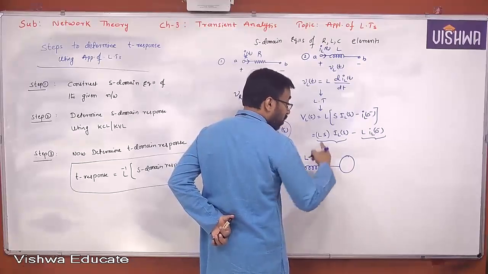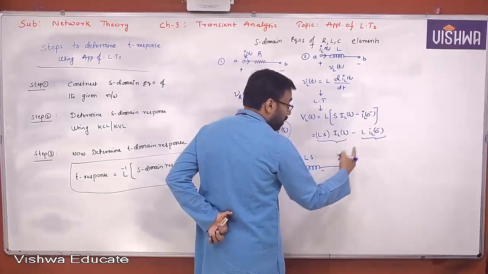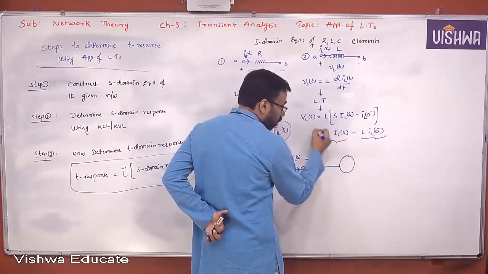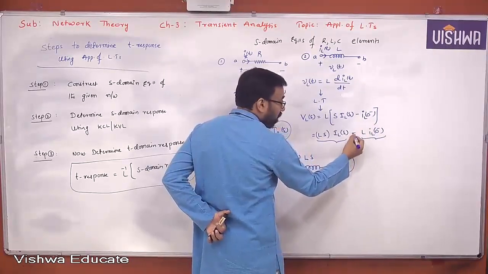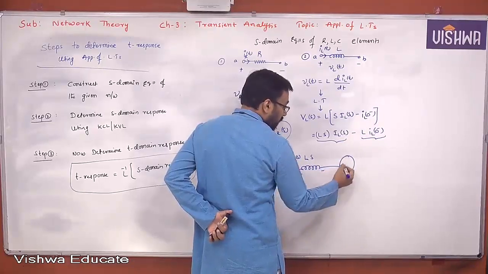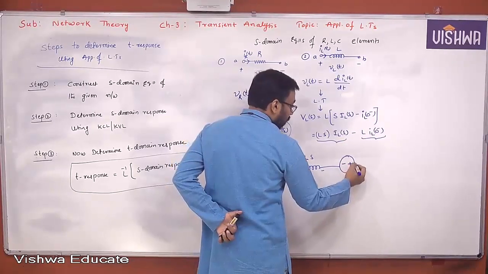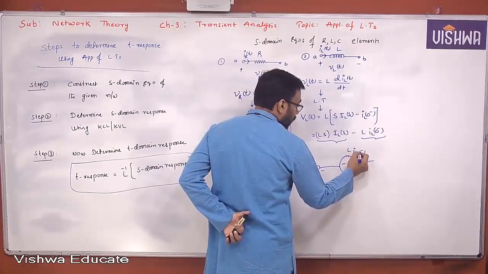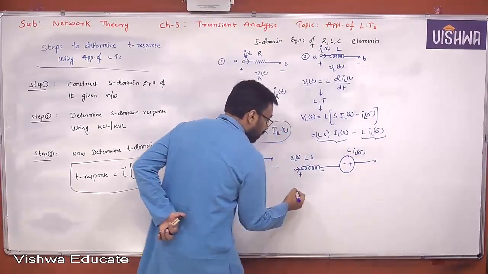Why in series? Because the voltages are supposed to be added. But the polarities of this particular voltage component and this particular voltage component are opposite. It is clearly indicated with the negative sign. Therefore, if it is plus minus, I must place minus plus L IL of 0 minus. Understand? And this is A.